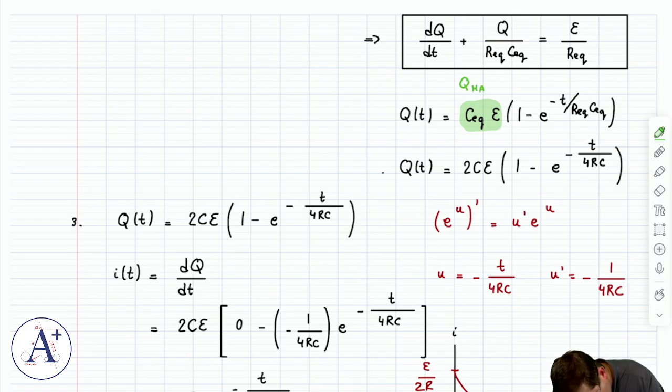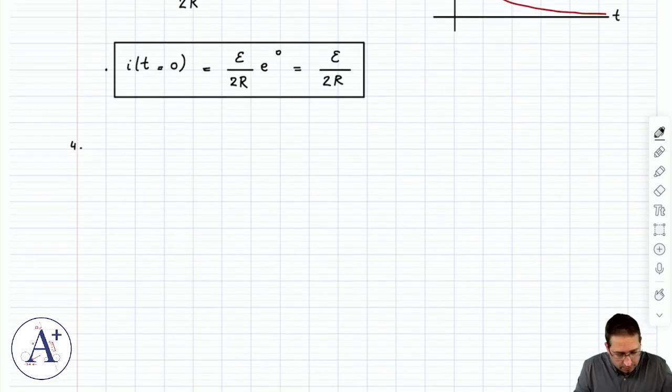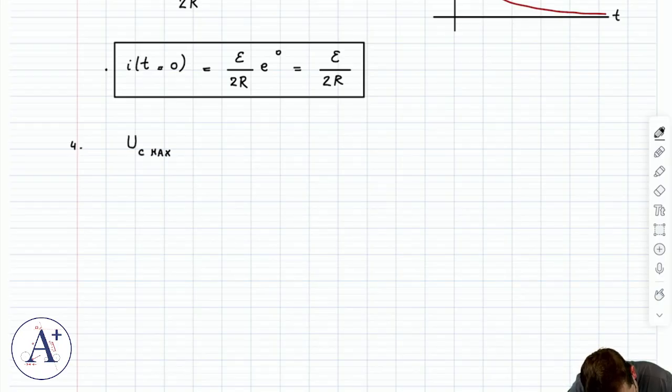It's going to be the max charge that can be stored on the capacitor. So the maximum potential energy that I can dump onto the capacitor is going to be given by U_C max is equal to Q max squared over 2C, where C is C equivalent.